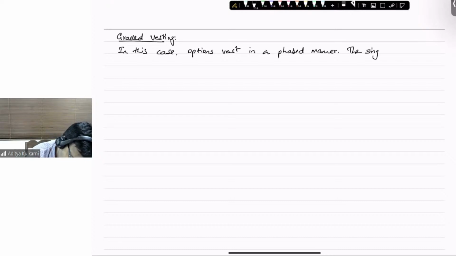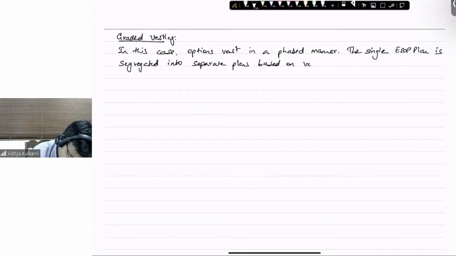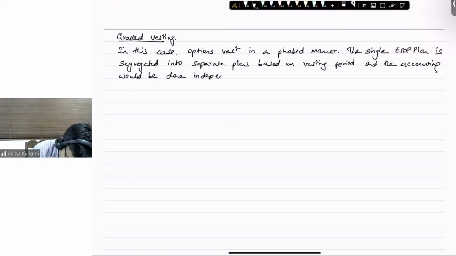The single ESOP plan is segregated into separate plans based on vesting period and the accounting would be done independently, as if they were separate plans.